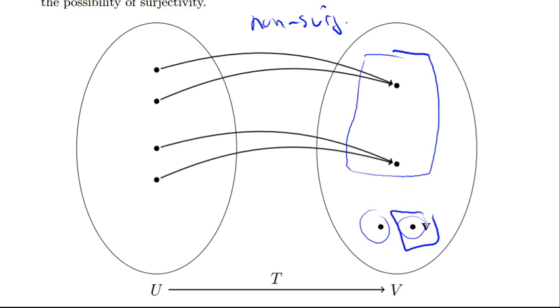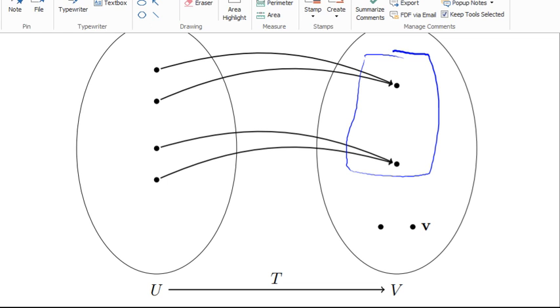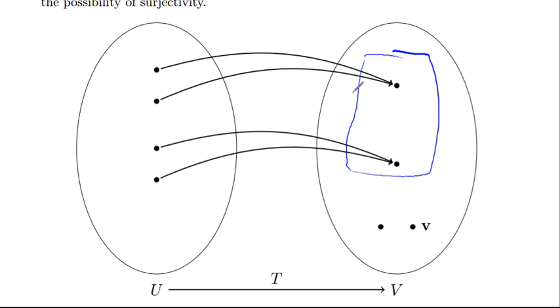So, for instance, these two vectors are not in the range. To be in the range, it must be on the receiving end of some vector through the linear transformation. So in other words, if this is some v, then there must be a u that maps to v.